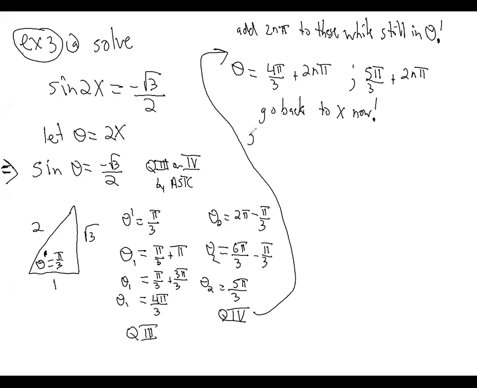So 2x equals 4 pi over 3 plus 2n pi, or the theta, which is 2x, equals 5 pi over 3 plus 2n pi. Now what we need to do is solve for x.